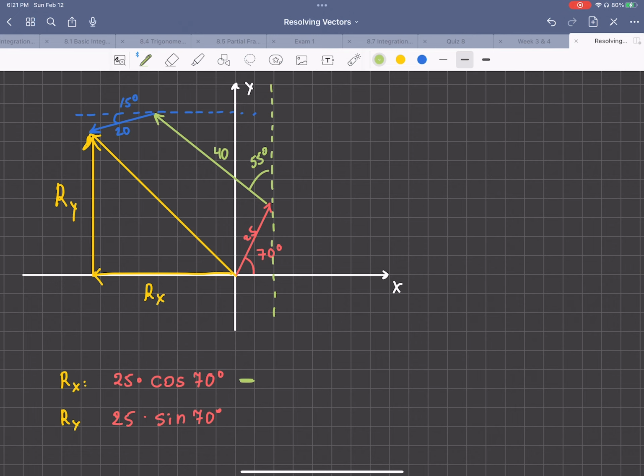Now this is the x component of green vector. However, you can see it better, but they're the same. And this is the y component.